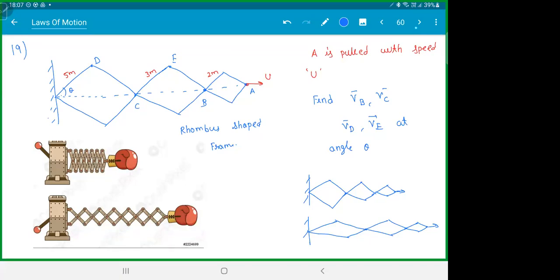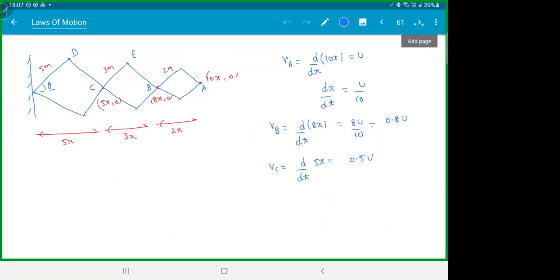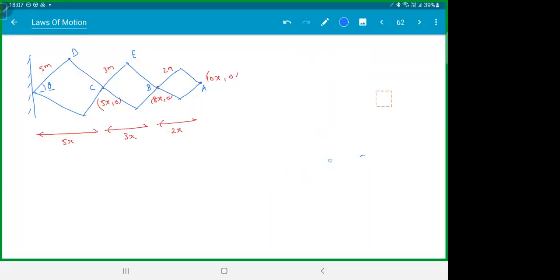you try to differentiate. So using this logic, from the last thing we did, if you try to find the coordinates of D, this would be how much? 5x by 2, and this would be some y.